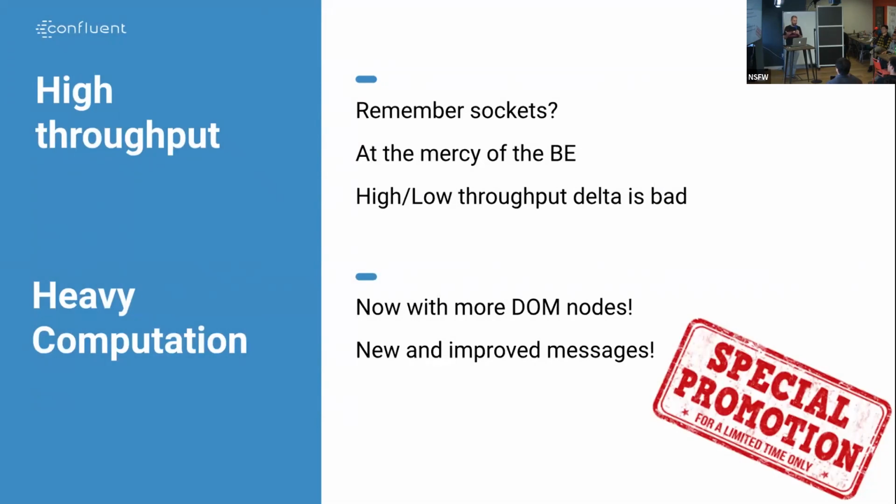Remember we talked about sockets, right? In this new world, we are at the mercy of whatever Kafka's doing, which is super difficult to deal with, right? Low throughput topics, we don't really have to worry about too much. But those high throughput ones are extremely difficult to deal with.